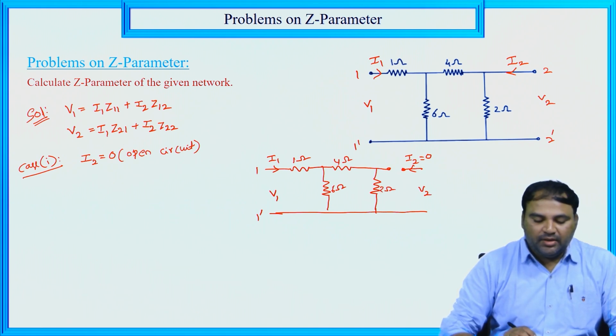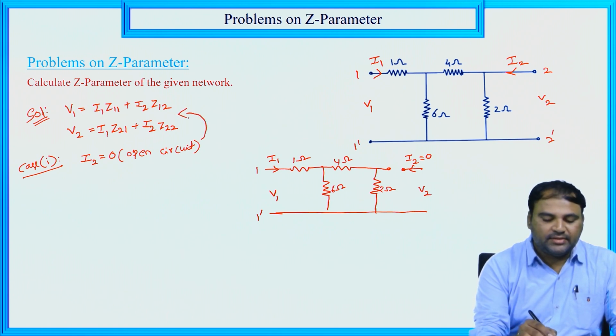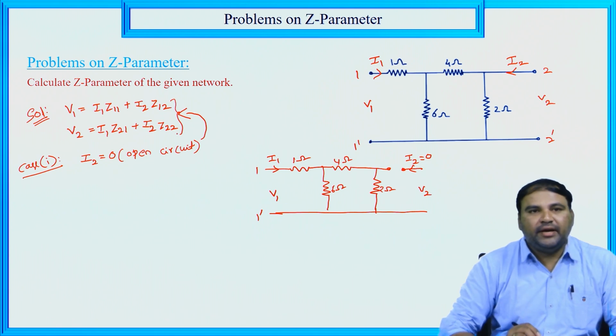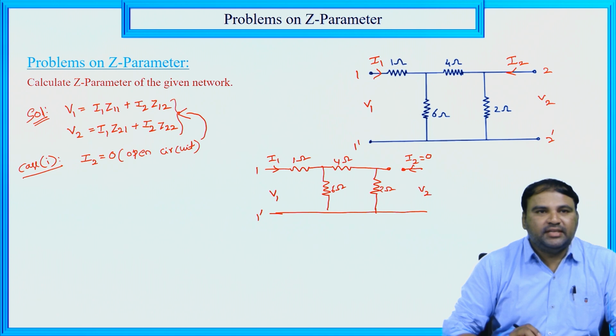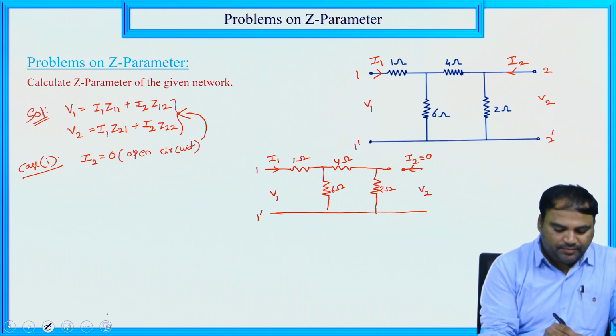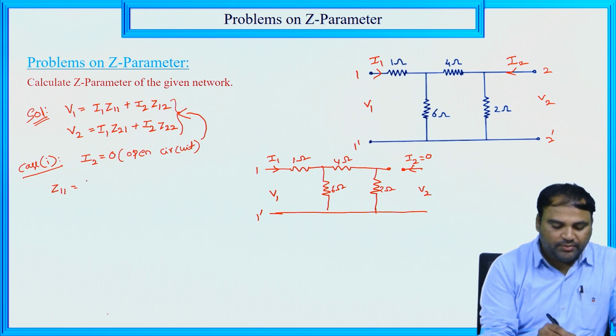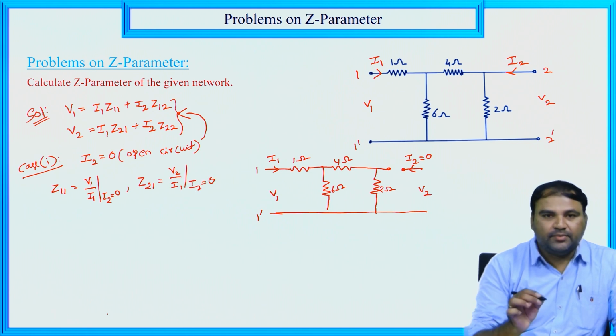Now we have to substitute I2 equal to 0 in these two equations, and then find the given Z parameters. So we get Z11 equal to V1 by I1 when I2 equal to 0, and Z21 equal to V2 by I1 when I2 is equal to 0.